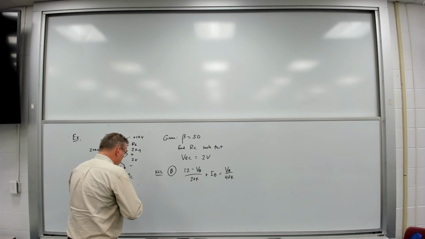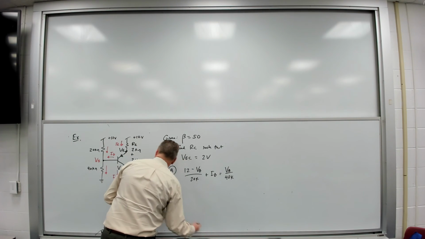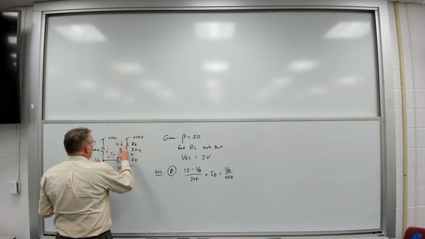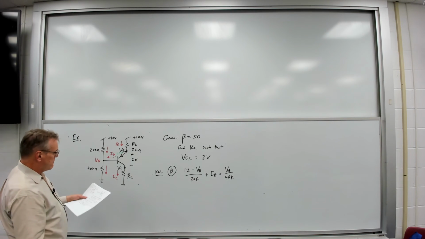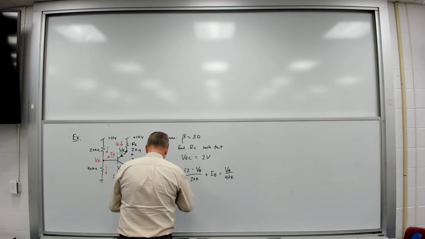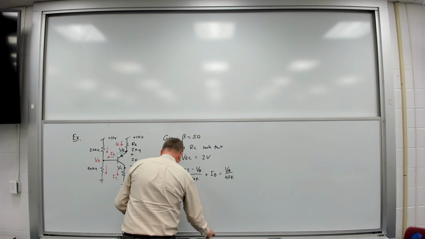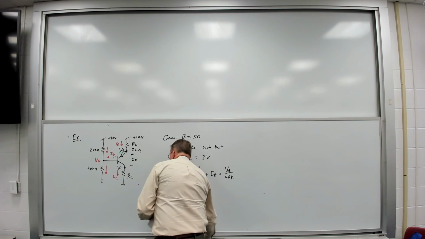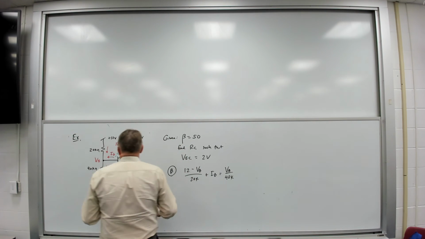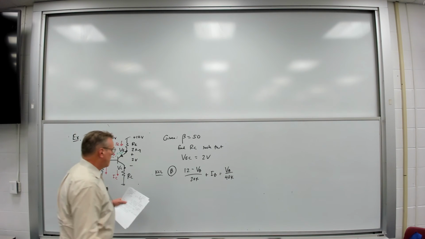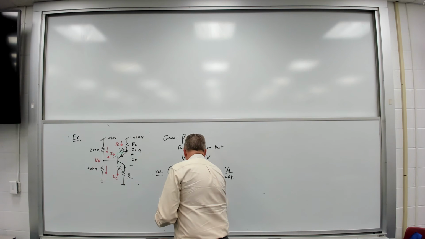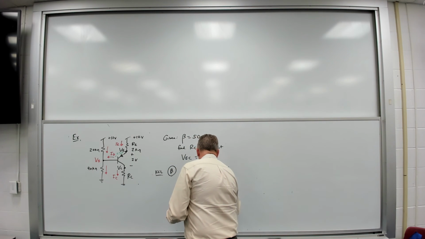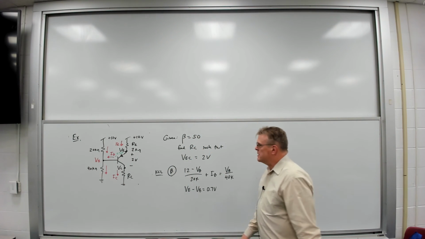In addition, I know that I must have 0.7 volts between the emitter and base, so VEB is equal to 0.7 volts. Therefore, VE minus VB is 0.7 volts.